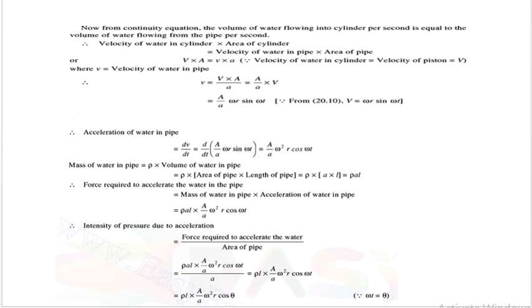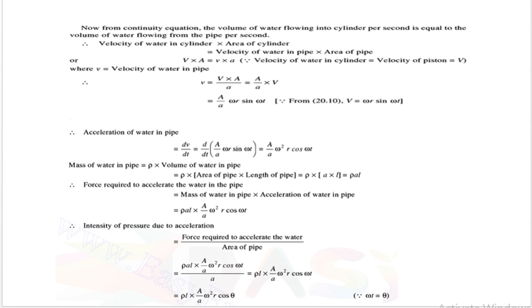Now what will be the value of force which is required to accelerate the water inside the pipe? We know that F is equal to m into a. It means the mass of water in the pipe into the acceleration of water in the pipe.